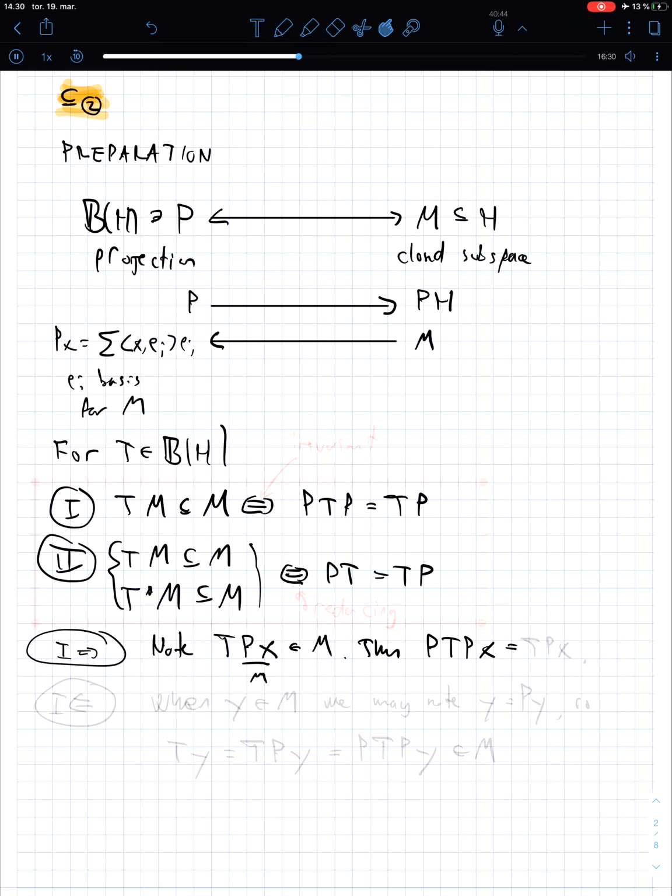So this will be the same as TPx, right? And this is for any x, so PTP, the operator, is the same as TP, the operator.